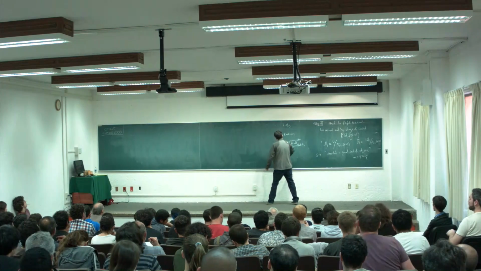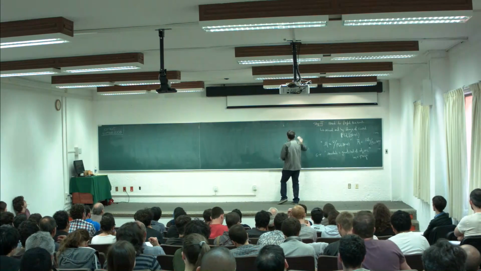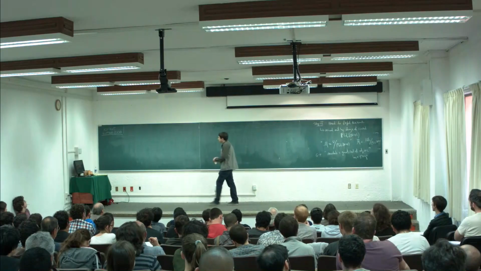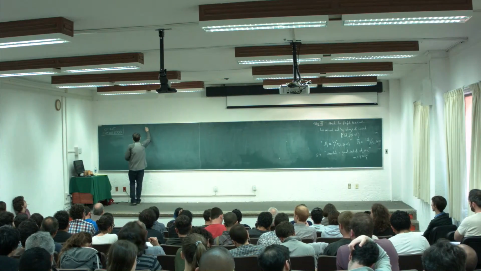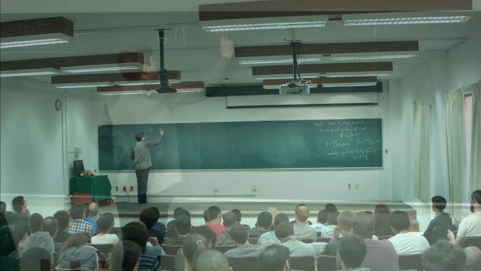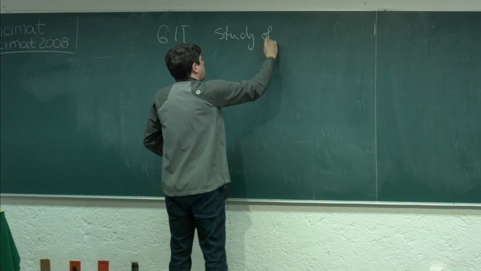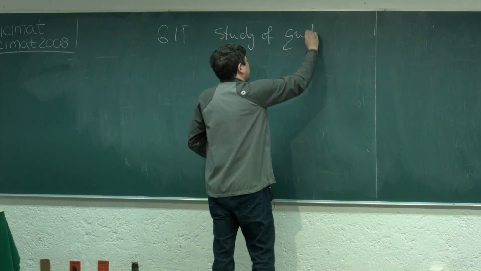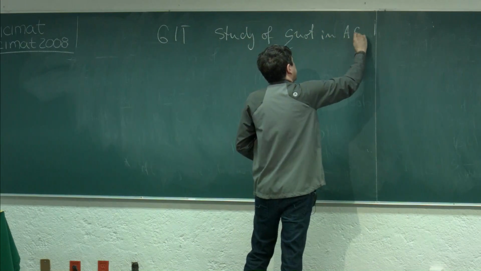So GIT is the study of quotients in algebraic geometry.